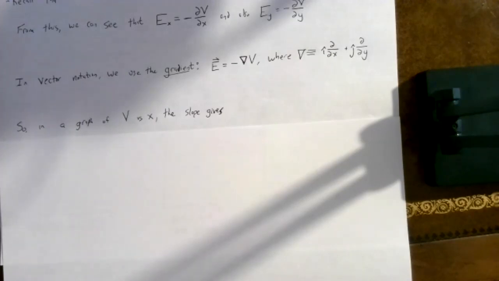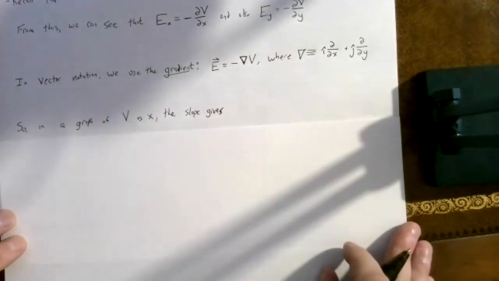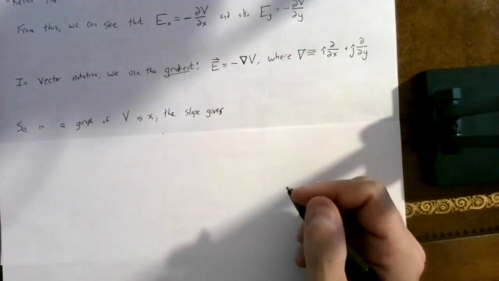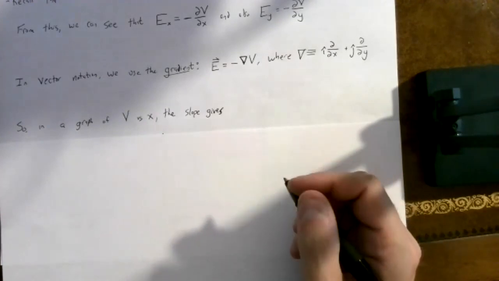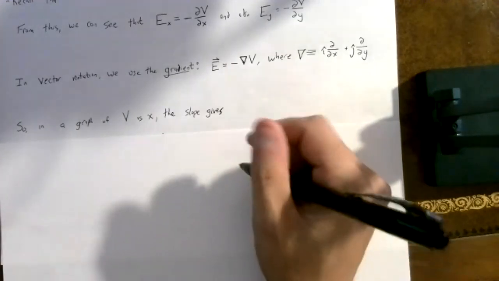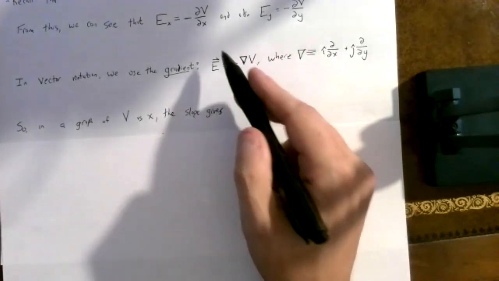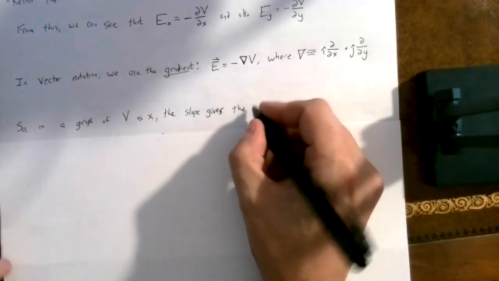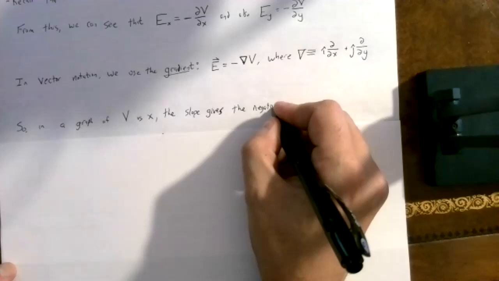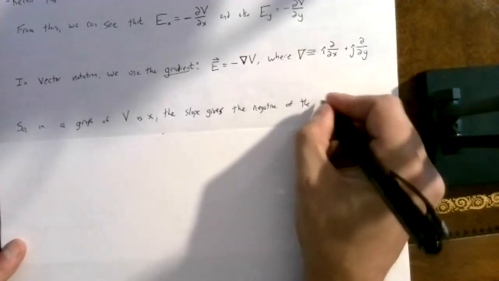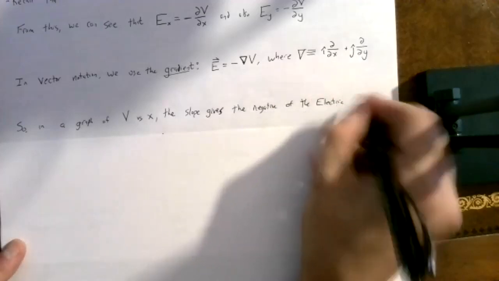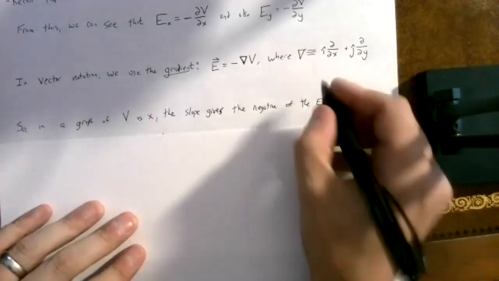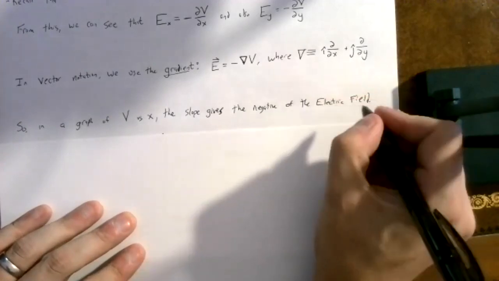Since it's the negative, the slope gives us the negative of the electric field, really the x component.